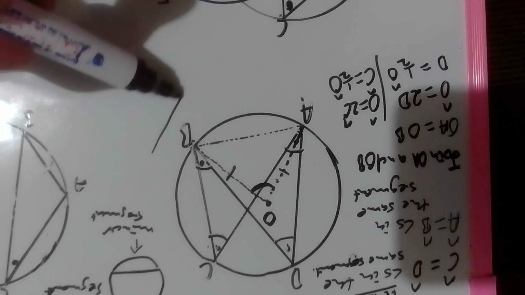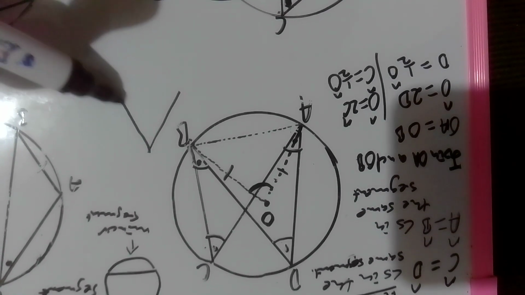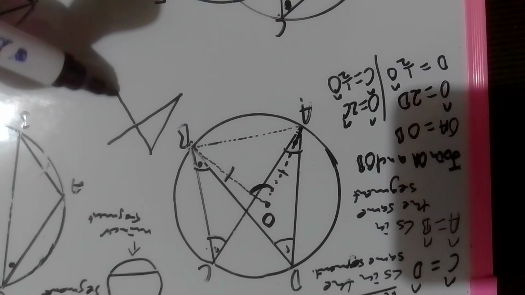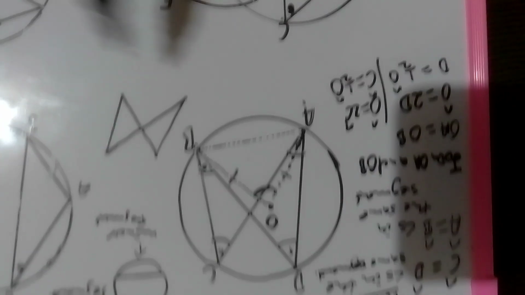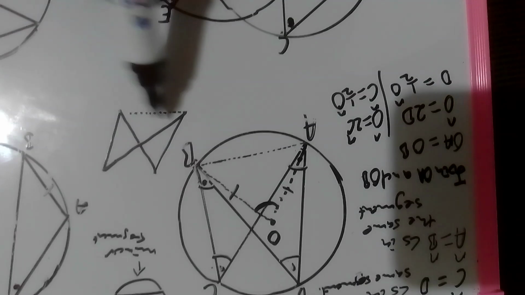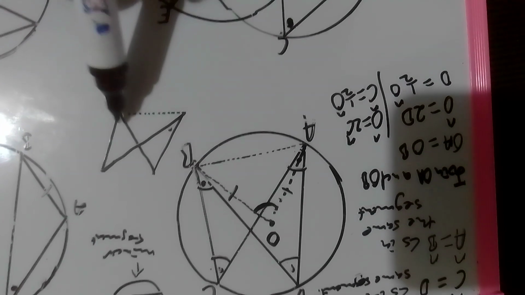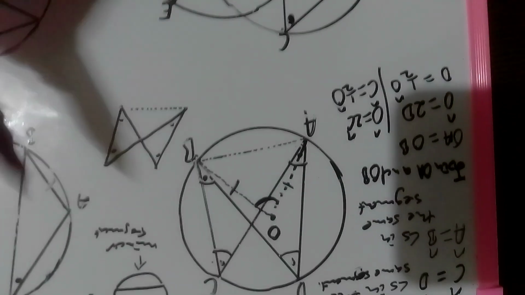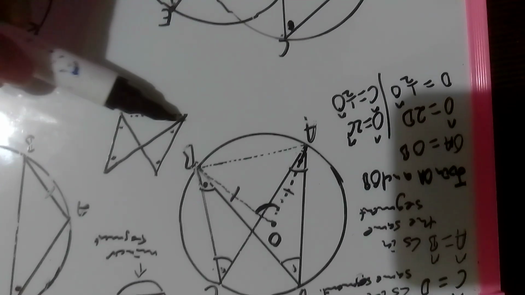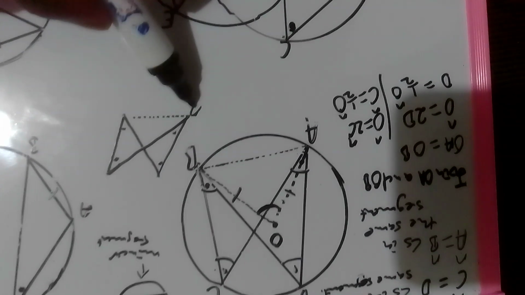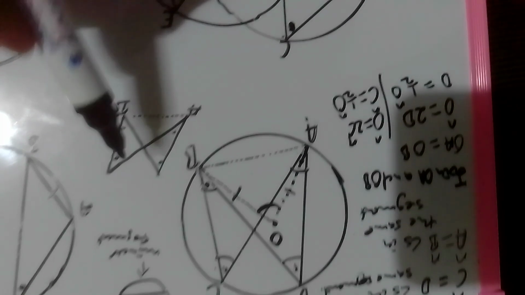So if the theorem looks like this, the converse theorem looks like this. Now we're saying that here, this is where the chord is. This angle here is equal to that angle, and this angle here is equal to that angle, and all of these 4 angles are found on top of this chord AB.